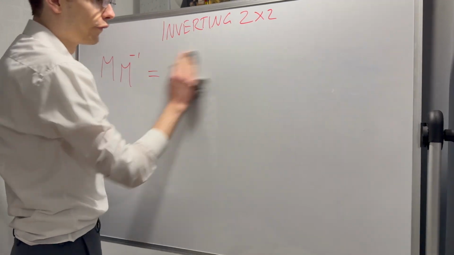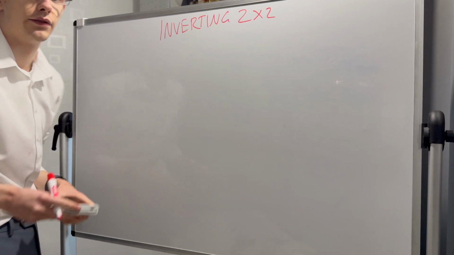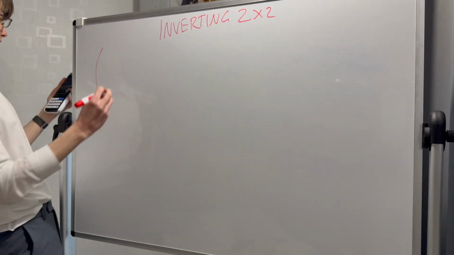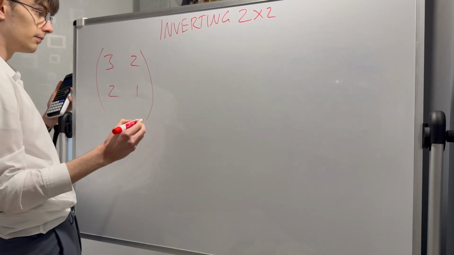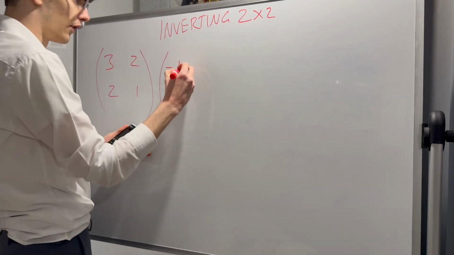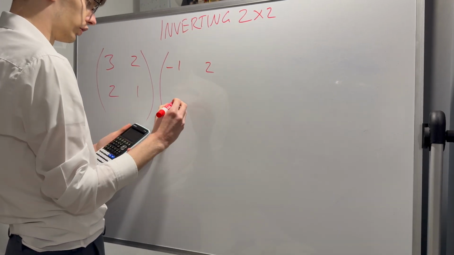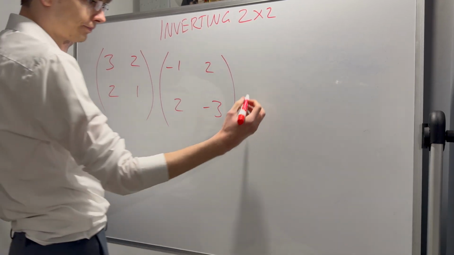So, for example, before I show you how to find an inverted matrix, if we come up with the matrix 3, 2, 2, 1, I will tell you now, and I'll prove it in a second, that the inverse of this is minus 1, 2, 2, minus 3. We'll see why in a second.